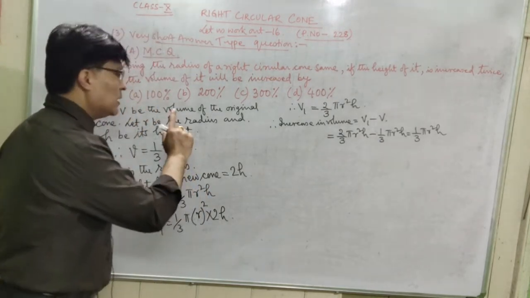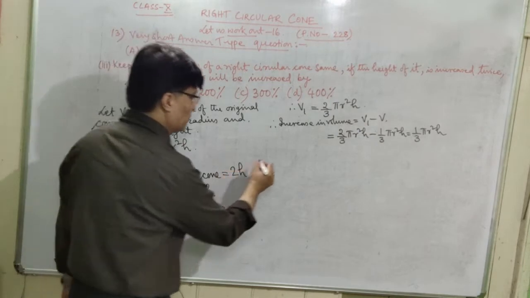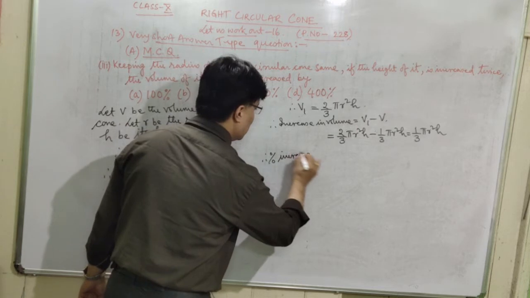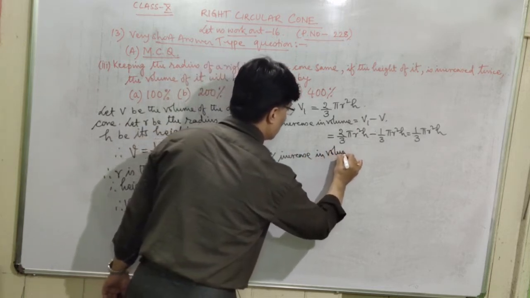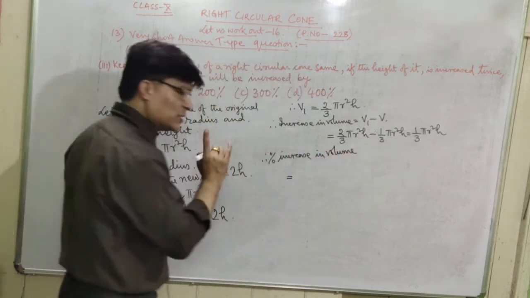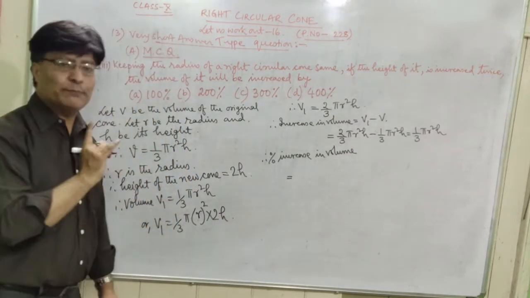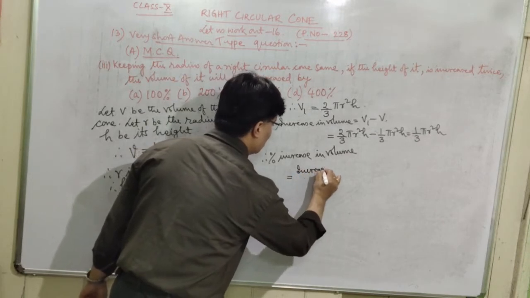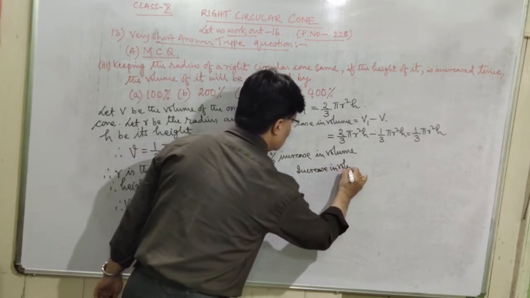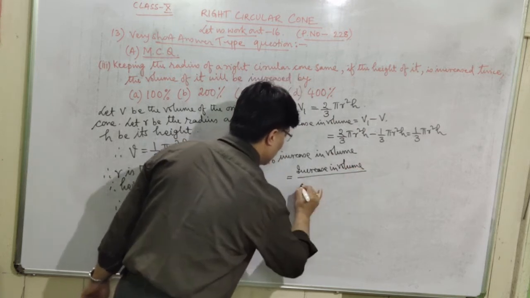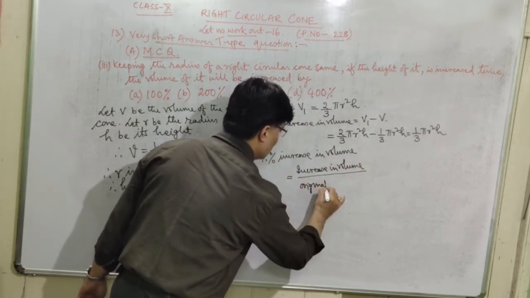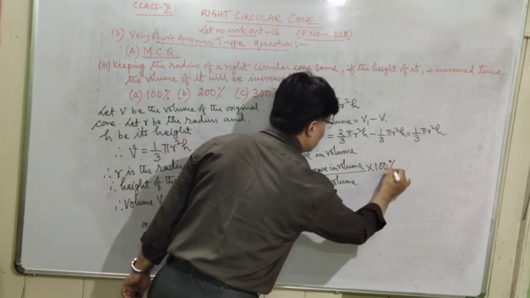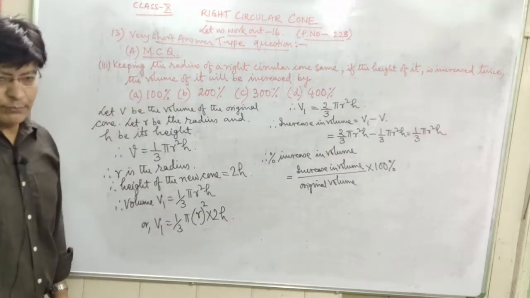Now we have to find out the percentage increase in volume. What is the formula? The formula here is increase in volume divided by original volume, into 100%, right?